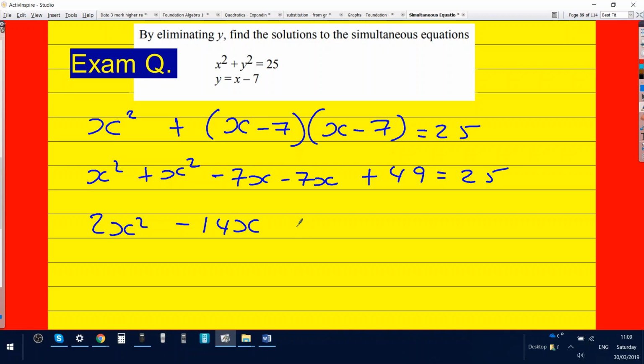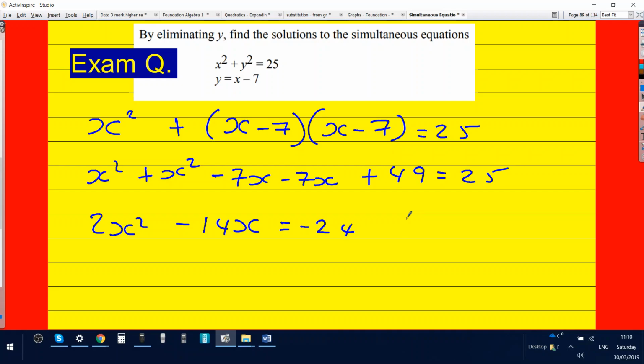So 25, that is minus 24 equals minus 24. Okay. And then you can factorize this.